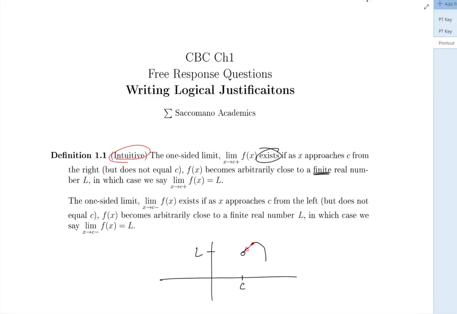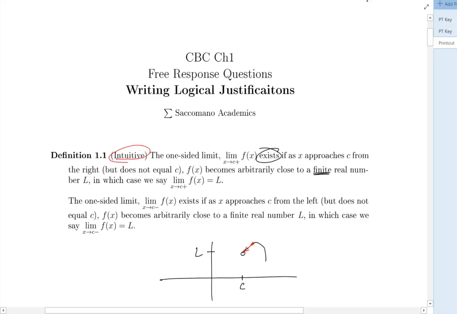And you can say, well, I'm not that close now, but if I get a little closer to c for x, then I can get within 0.01 of L. Does that make sense? So basically, arbitrary means if anybody gives you a number really close to L, you can get that close to it by tracing closer to c on the graph.